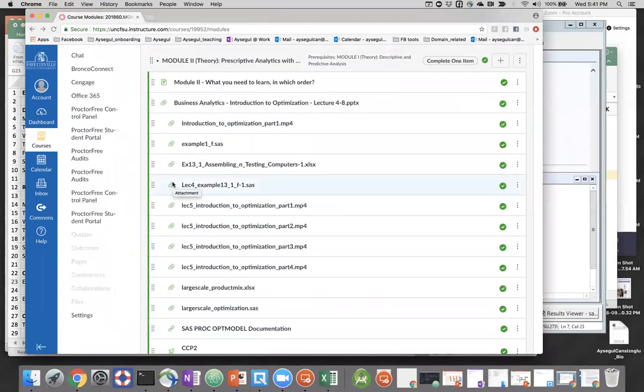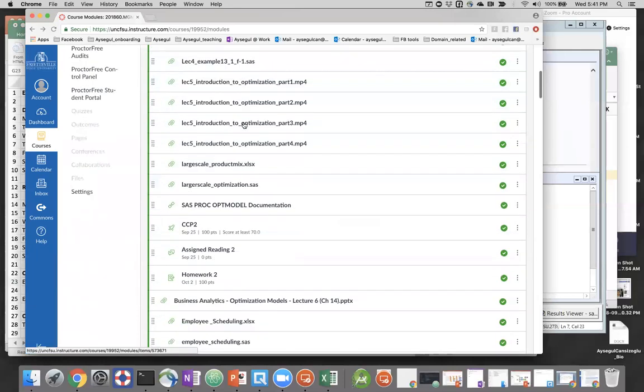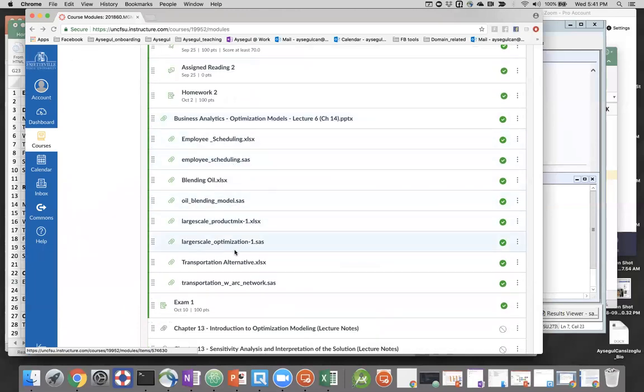So under module 2, this was the first 2 lectures on optimization, right? And this is the lecture that we are talking about now. All the files that we use are here, like the SAS files or the Excel, everything is here. So you can download them and try yourselves as well.